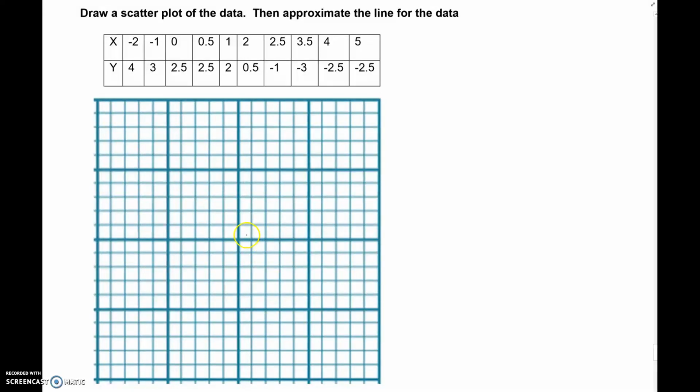So if I did that, I would put my y-axis right down the middle and my x-axis in the middle. So this would be 0.5 and this would be 1, 1.5, 2, 2.5, 3, 3.5, 4, and 5.